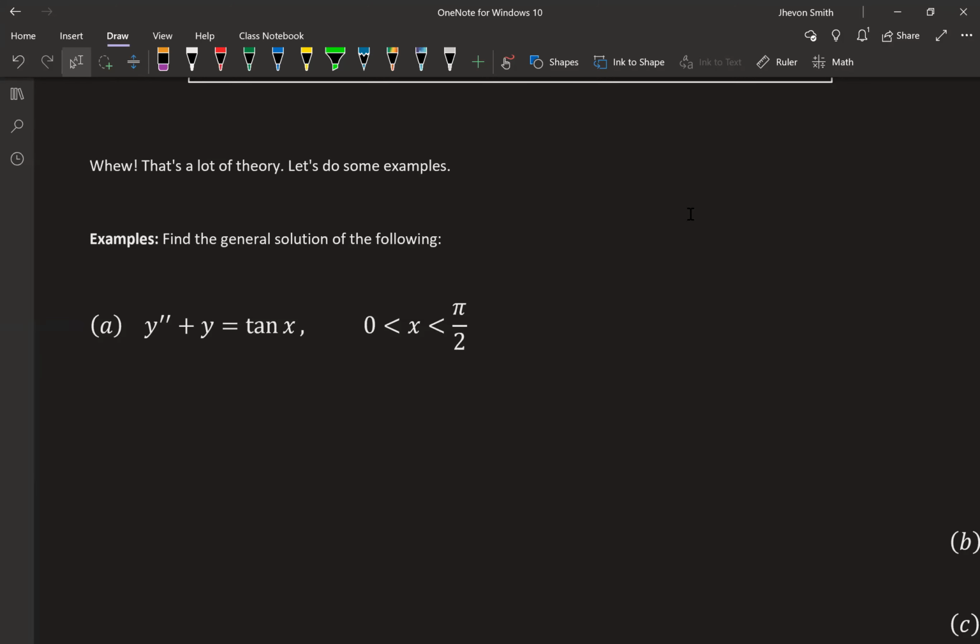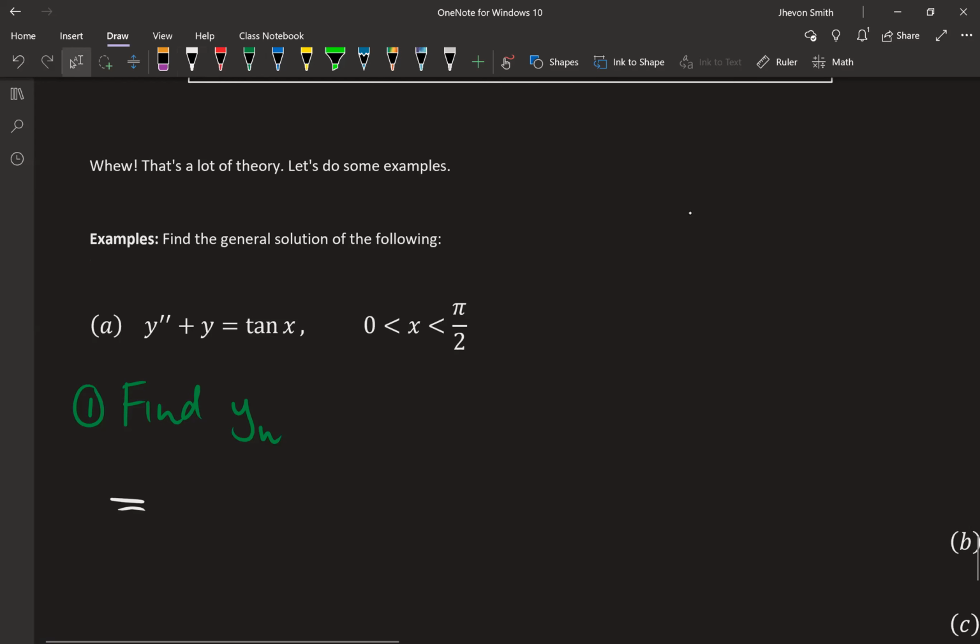So I see this equation. Now, regardless of what method I'm going to use to find my particular solution, I do first need a homogeneous solution. So I am going to go in and find YH. It's always the first thing you're going to do.